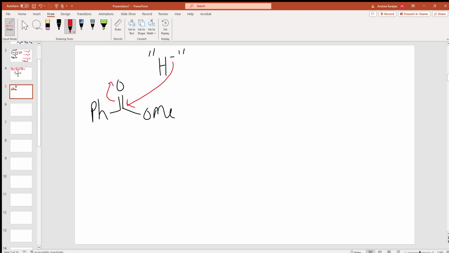H- attacks the carbonyl, we shift our electrons up onto oxygen. Unlike a lot of reactions, we largely show this as going in one direction because to be reversible, we'd have to kick H- out, and we know that's pretty much about as bad of a leaving group as you're going to come up with.